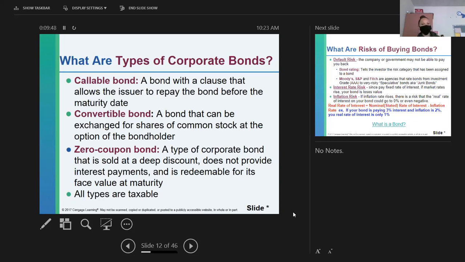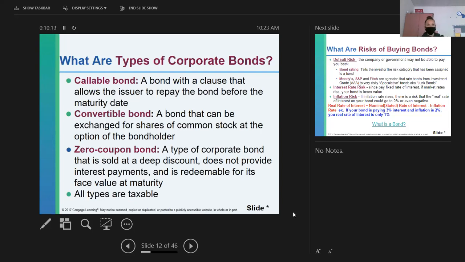A convertible bond is a bond that can be exchanged for shares of common stock at the option of the bondholder. So if you see the company is doing really well or you are willing to take more of a risk, you could turn that bond into stocks, just by converting it that way.